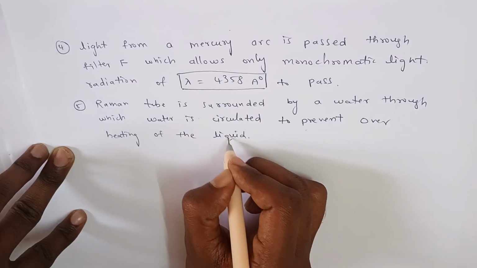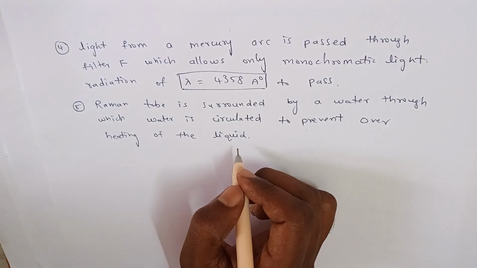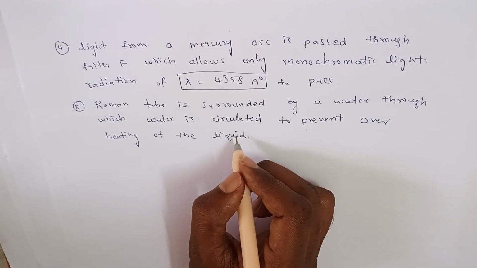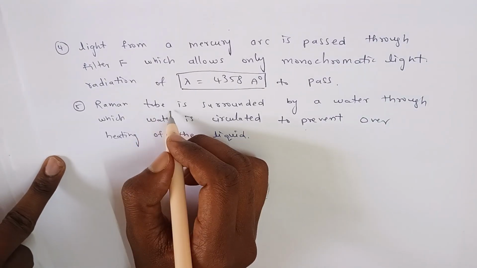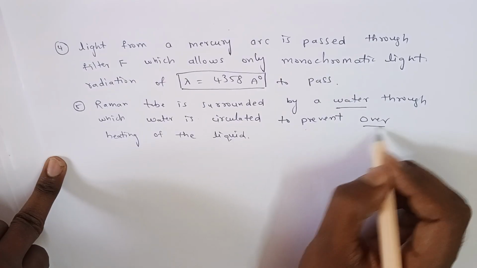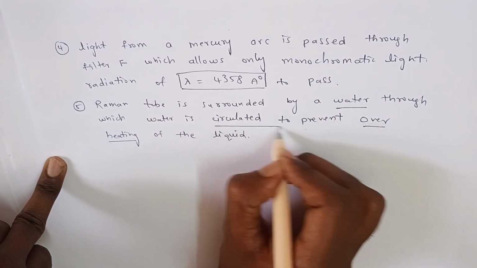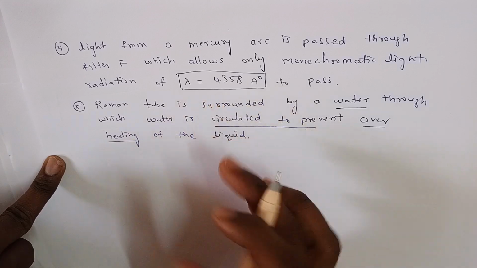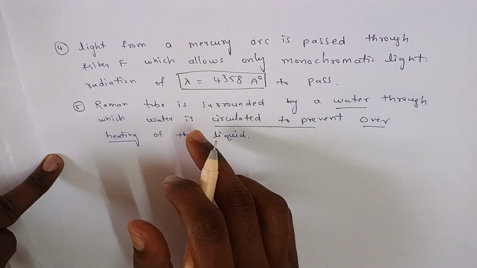If the liquid overheats, bubbles and vapors come out. To prevent that, Raman used a tube surrounded by circulating water. This is the full explanation about the Raman experiment.